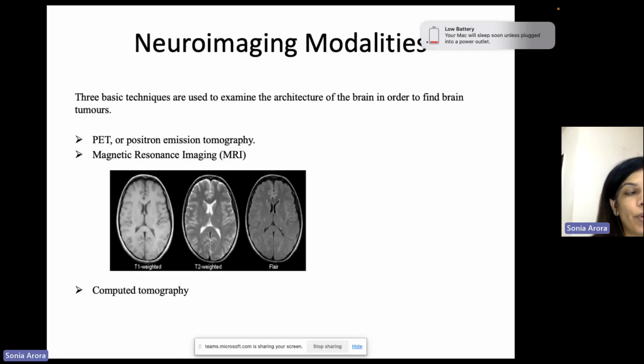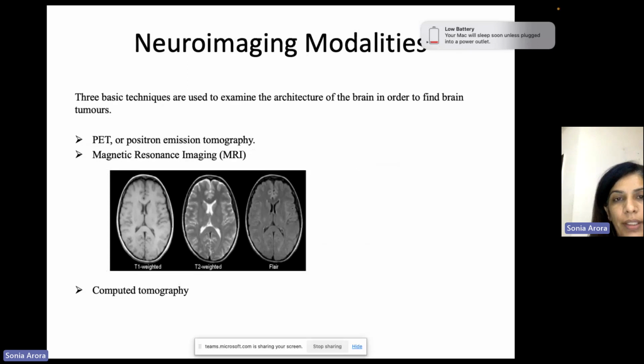Next, the neuroimaging modalities. Basically, there are three techniques used to examine the architecture of the brain in order to find the brain tumor. First, PET or positron emission tomography. A unique class of radioactive tracer is used in a PET scan.